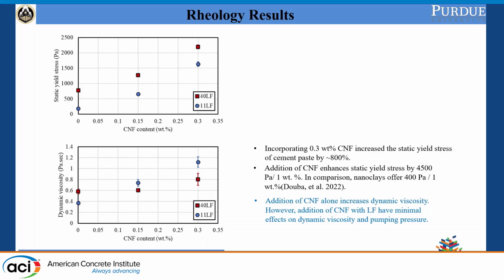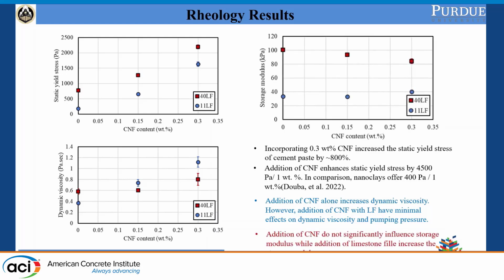This is partially due to the nanoscale colloidal interaction between the CNF and cement, which brings the viscosity up. However, interestingly, if we add more limestone filler replacement, the effect of the CNF on the dynamic viscosity is minimized. So we can get a relatively low pumping pressure by combining the CNF and limestone filler.